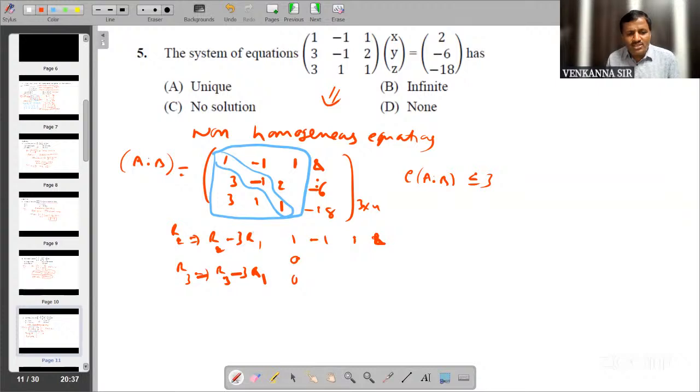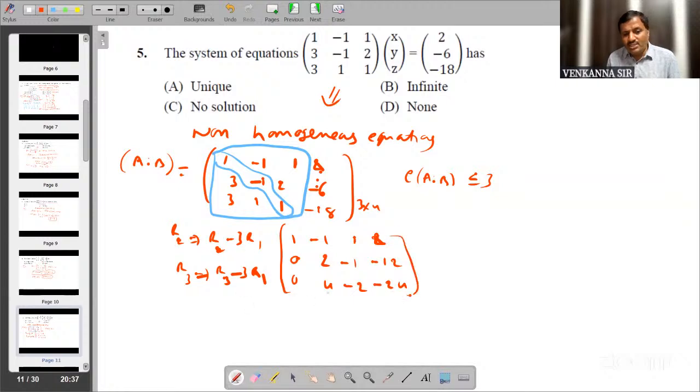R2 minus 3R1: 0, 2, minus 1, minus 12. R3 minus 3R1: 0, 4, minus 2, minus 24. So this is the result after applying these two operations.